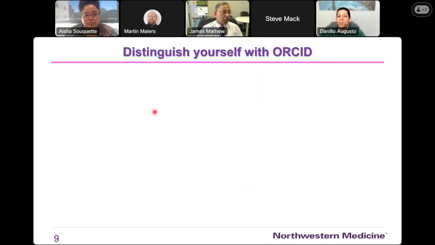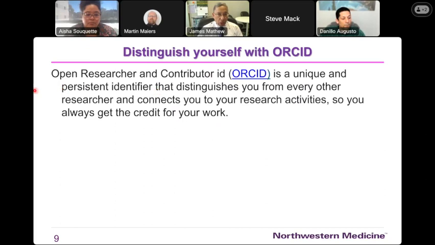Now, before you establish yourself as a researcher, you should obtain an ORCID ID. That is to distinguish yourself. Open Researcher and Contributor ID, or ORCID, is a unique and persistent identifier that distinguishes you from every other researcher and connects you to your research activities.